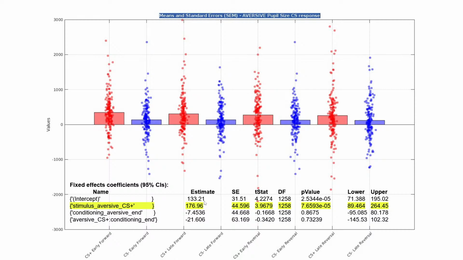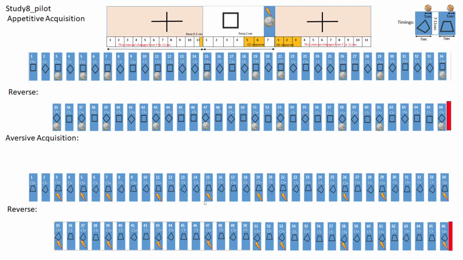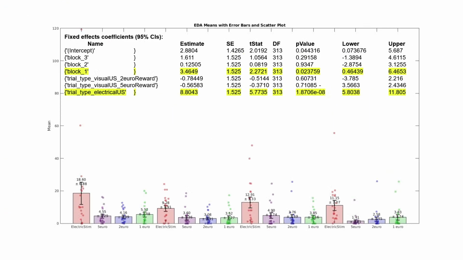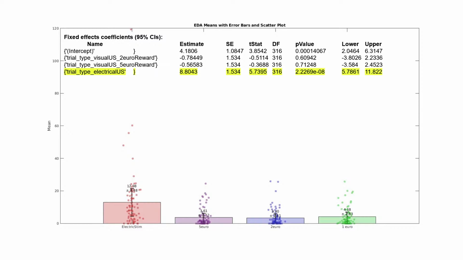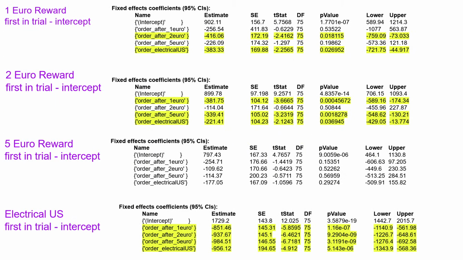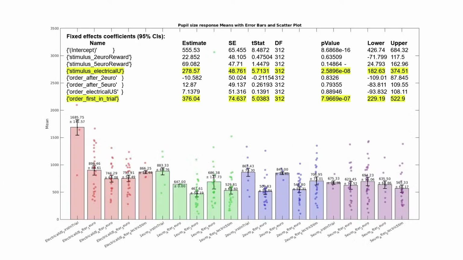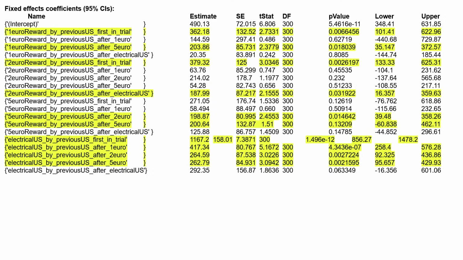Now we can go back to the response to the actual electrical stimulation. We observed the effect. We can say that the effect is plus 79. What is the difference?